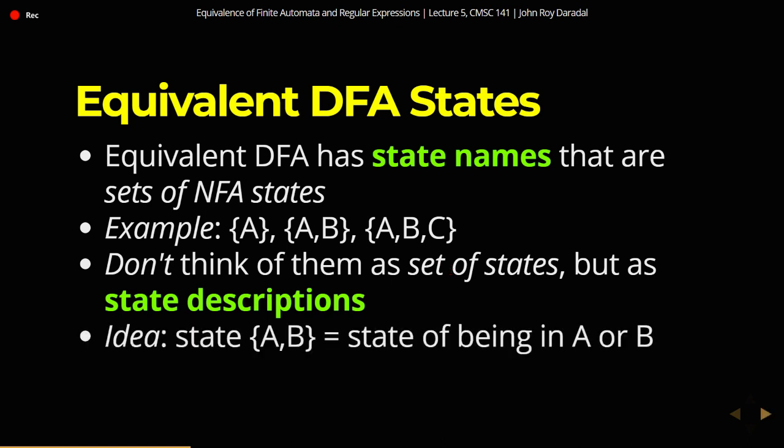So the idea is, if you have the state AB, that is equivalent to being in A or in B. If it's just state A, then you are sure that you're only in state A. If it's state AB, you're either in state A or in state B. If it's ABC, then state A or state B or state C. Because remember that in the NFA, we could be in multiple states at once. So in the equivalent DFA, we also have to model that, and the way that we'll model that is by using these state names as sets of states.